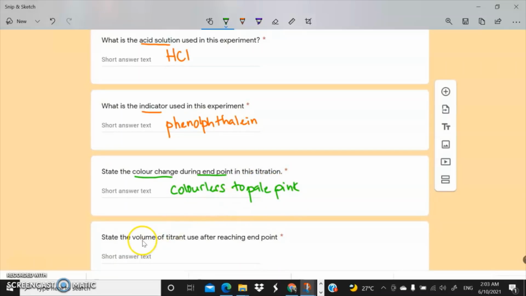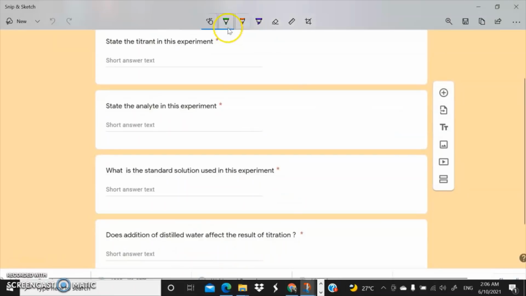Okay, the following question. State the volume of titrant. What is your titrant in this experiment? My titrant is NaOH. How much volume of titrant was used after reaching end point? So the volume will be 10.10. Let us continue. State the titrant in this experiment.